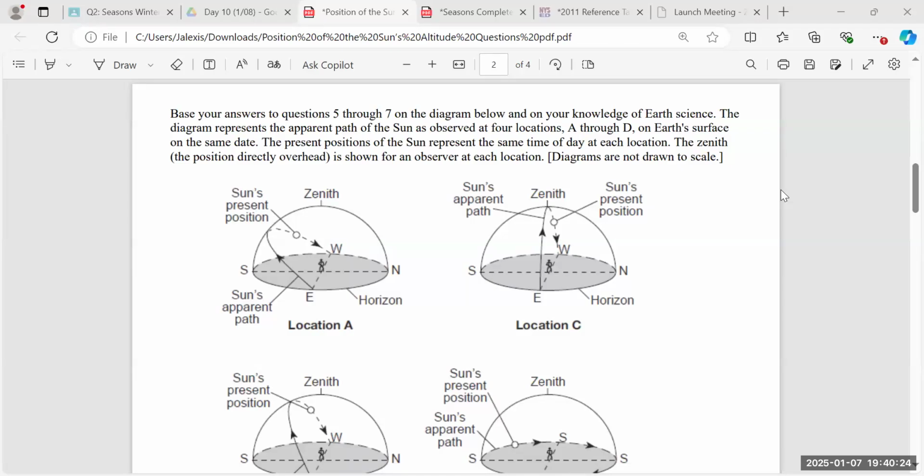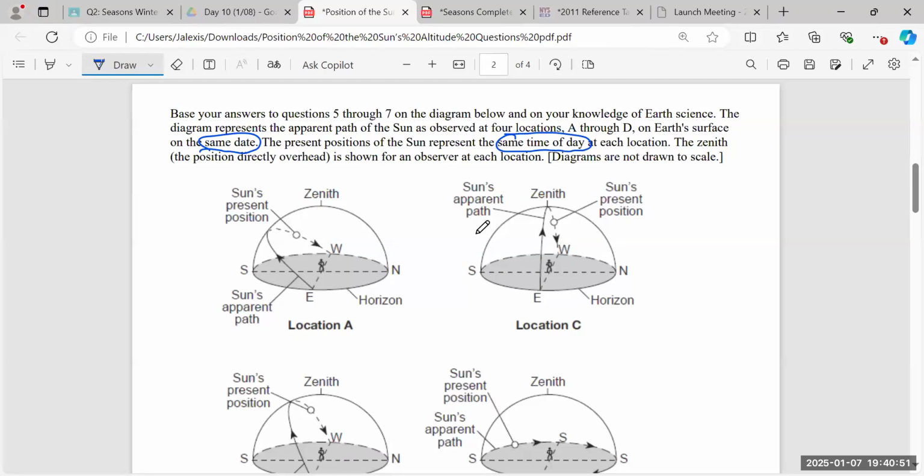All right, it says base your answers to questions 5 through 7 on the diagram below and on your knowledge of earth science. The diagram represents the apparent path of the sun as observed from 4 locations A through D on Earth's surface on the same date. The positions of the sun represent the same time of day at each location.